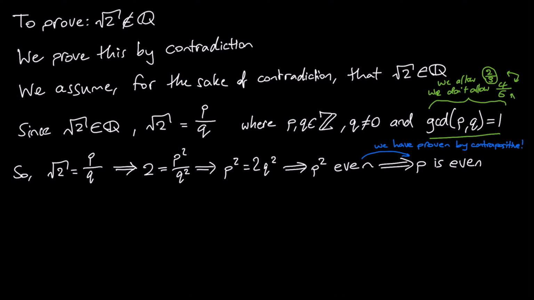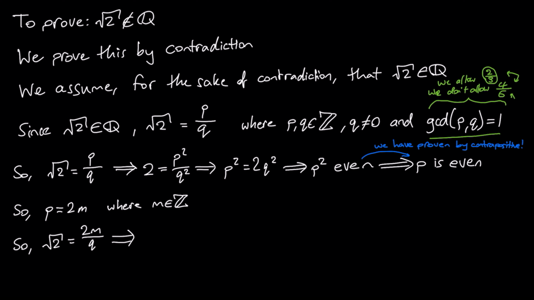Okay, so this means that P is equal to 2m, where m is some integer. So that means that the square root of 2 is equal to 2m over q.